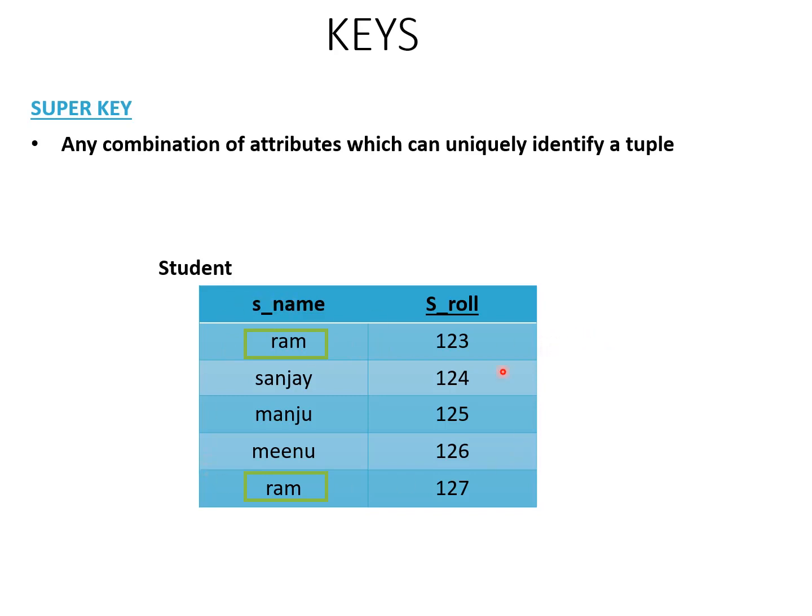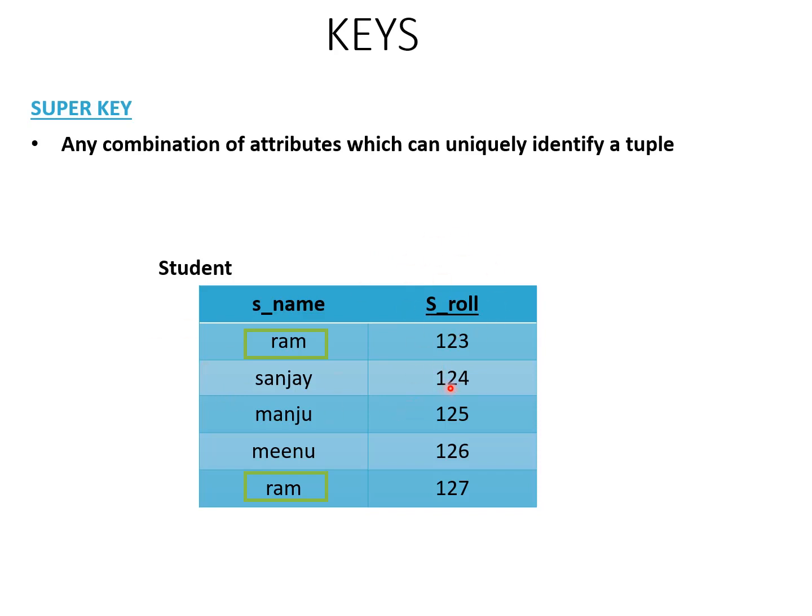I could ask whether S name alone can identify it. No, because Ram is repeated twice, so I cannot consider S name alone as a key to uniquely identify each and every row. When I look at S roll number, yes, each one of the values is unique. So S roll is one of the keys which can uniquely identify.